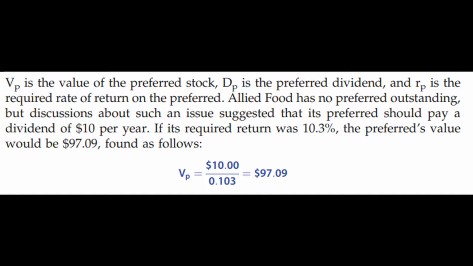Allied Food has no preferred outstanding, but discussions about such an issue suggested that its preferred should pay a dividend of $10 per year. If its required return was 10.3%, the preferred value would be $97.09, found as follows.